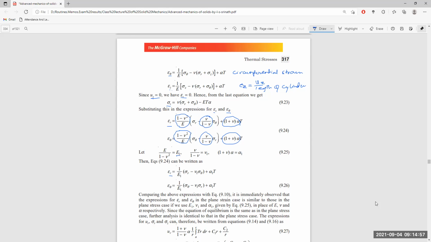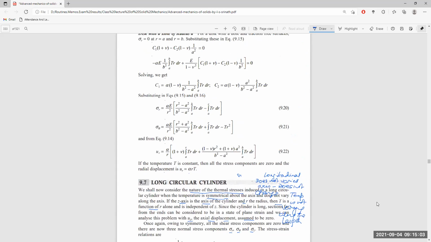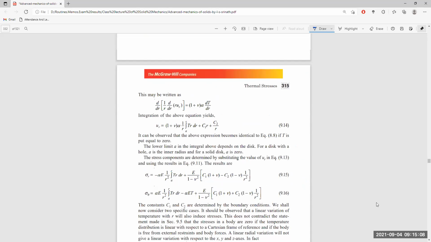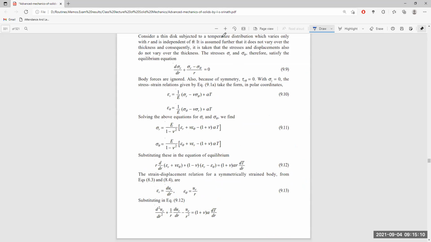Now if we compare this expression with equation 10, just quickly have a look at it. Equation 10 is given here, which is epsilon r equal to 1 by E (sigma r minus nu into sigma theta) plus alpha t, and epsilon theta equal to 1 by E (sigma theta minus nu into sigma r) plus alpha t.